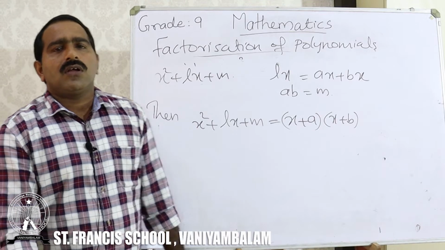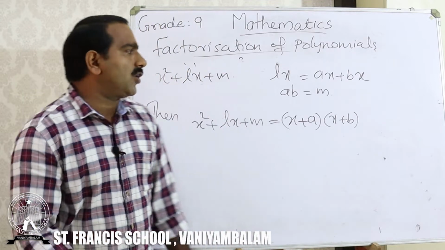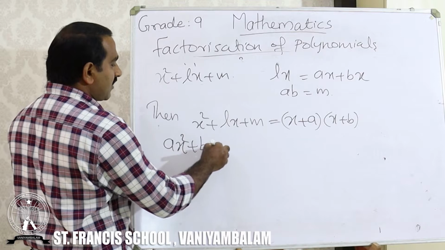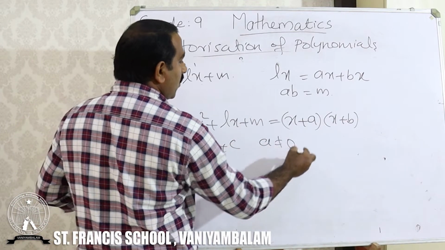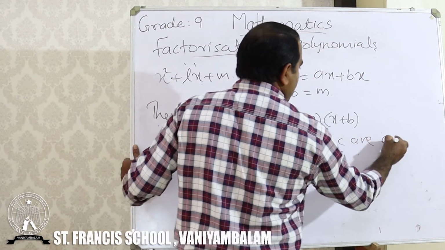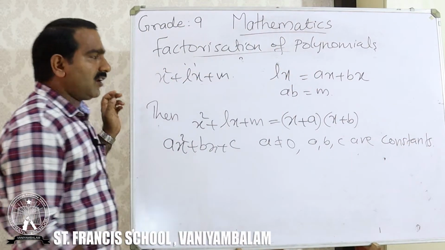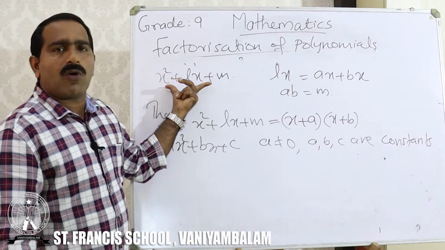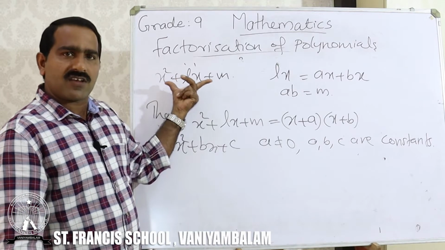Now we shall try to factorize some quadratic polynomials of the type ax square plus bx plus c, where a not equal to 0, and a, b, c are constants. Children, x square plus lx plus m, this type you already learned from 8th standard.